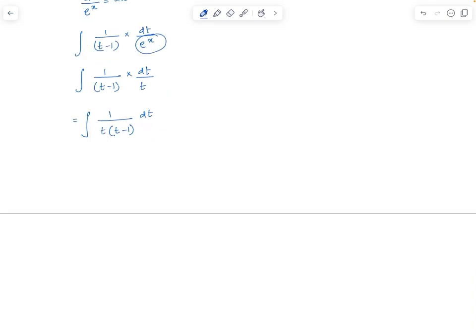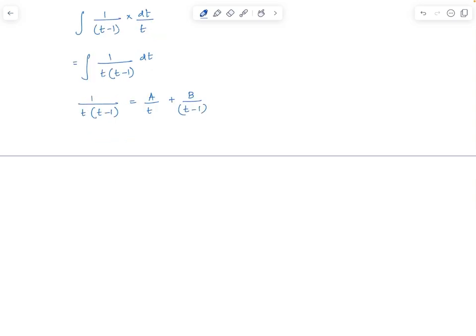By the partial fraction decomposition, 1 upon t times t minus 1 can be written as a upon t plus b upon t minus 1. Next task is to make the denominators equal. 1 upon t times t minus 1 is equal to a times t minus 1 plus bt by t times t minus 1.